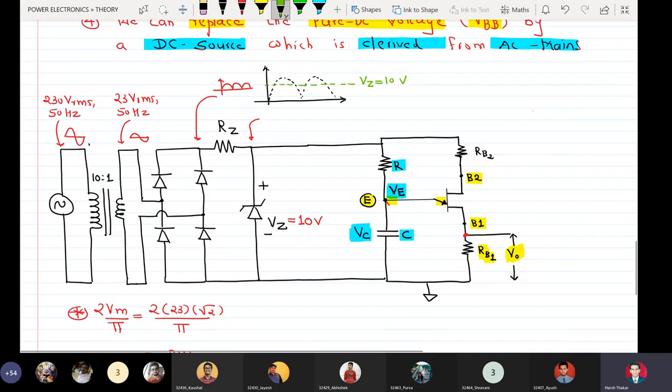Vz equal to 10 volts, so we have a waveform which looks like this.